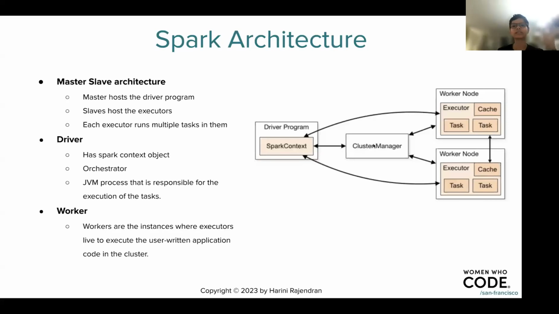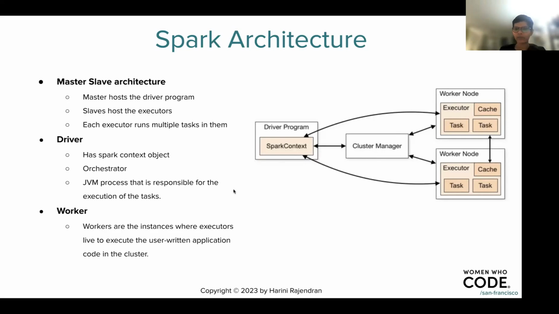So the cluster manager's job is to do the resource administration, the resource allocation, but deciding how many tasks to run, where, and collecting all those intermediate results and combining them and giving it to the end user, all of that is done by the driver program.